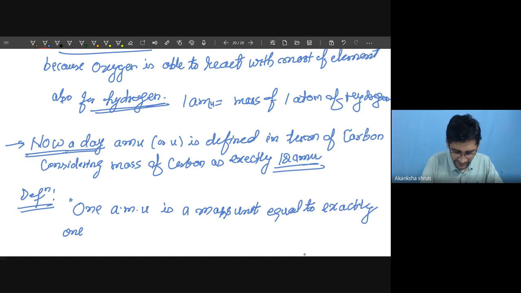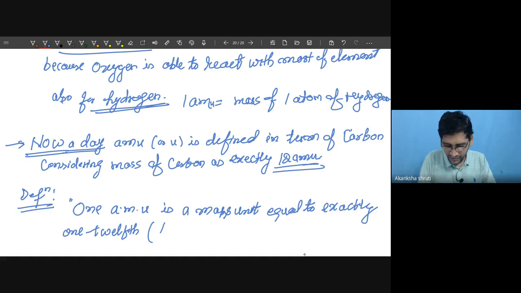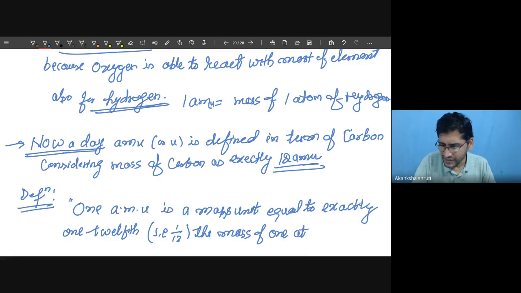This we have to keep in mind. 1/12 the mass of one atom of carbon.